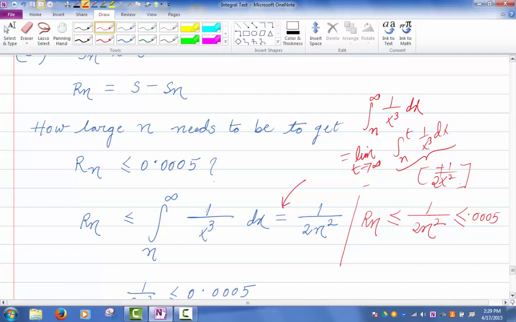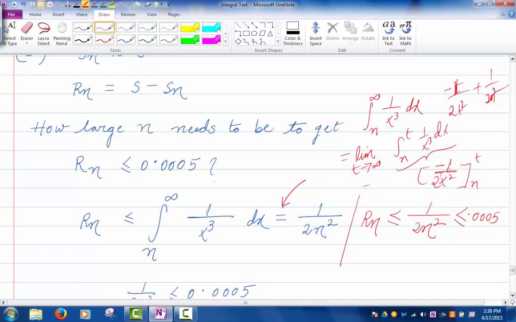This would be a negative, sorry. Negative 1 over 2x squared. So now I have between t and n, right? So now you plug in n and t and subtract. What you're going to get is negative 1 over 2t squared, and then plus 1 over 2n squared.